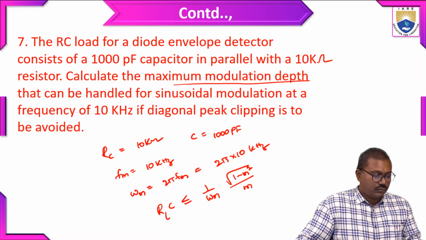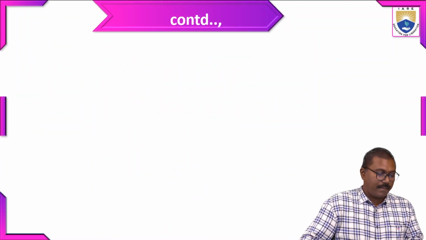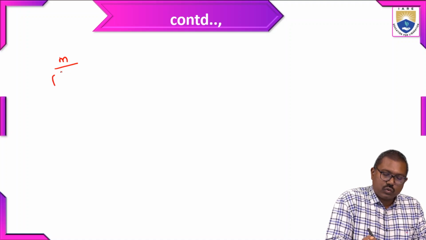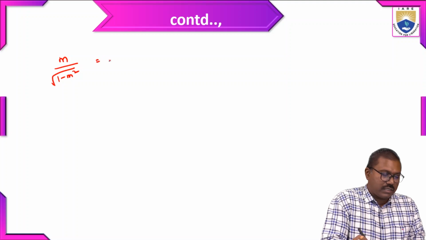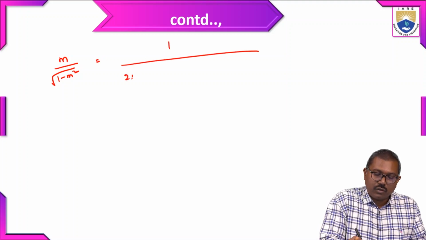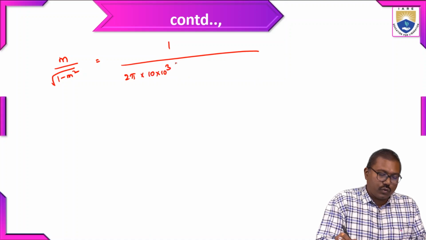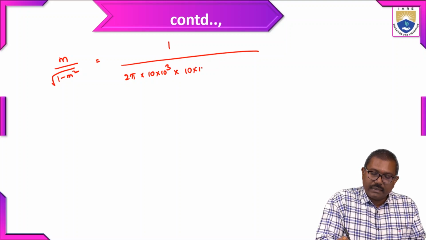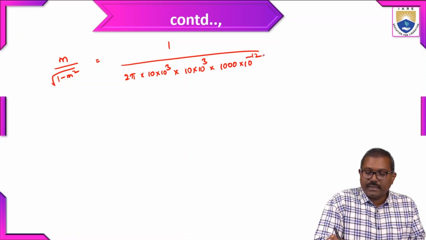Okay. For that, m divided by square root of 1 minus m square is equal to 1 whole divided by 2 pi into 10 cube into RL 10 kilo ohm into 1000 picofarad.